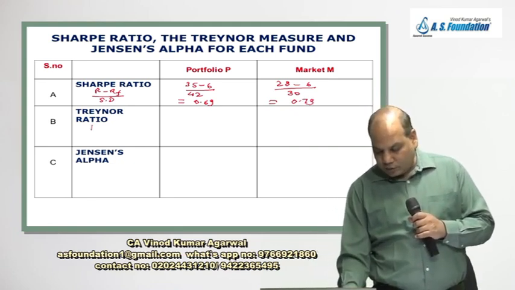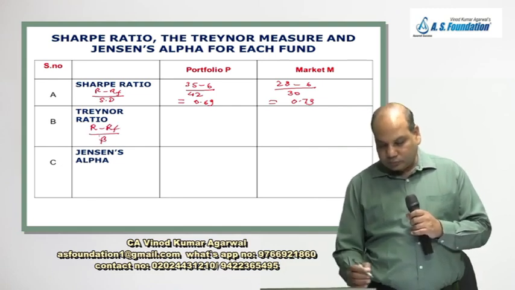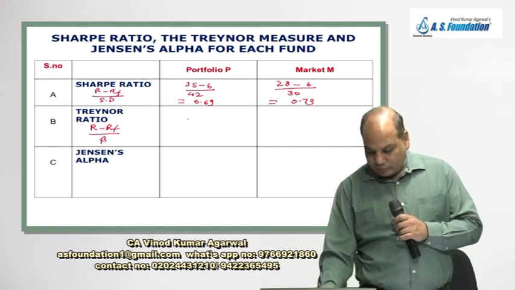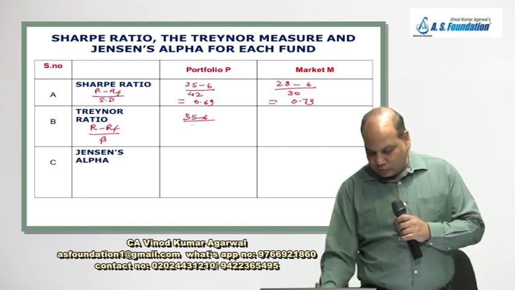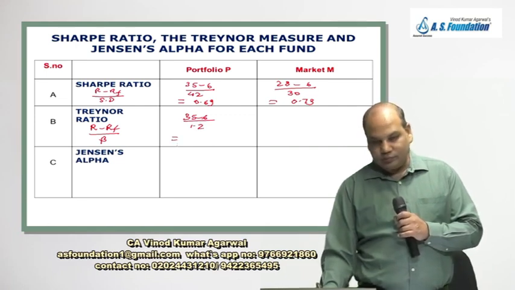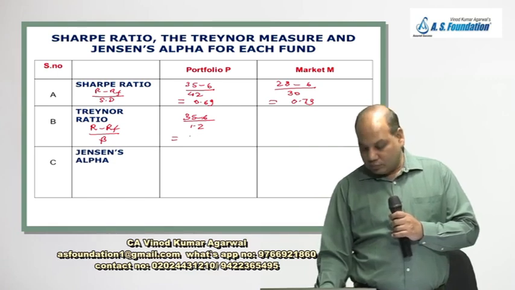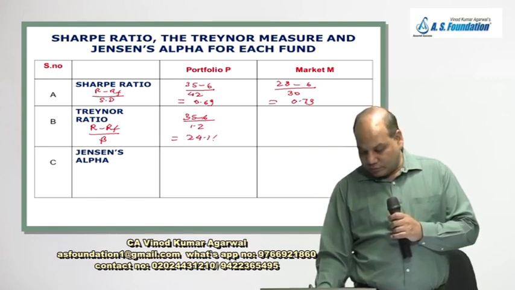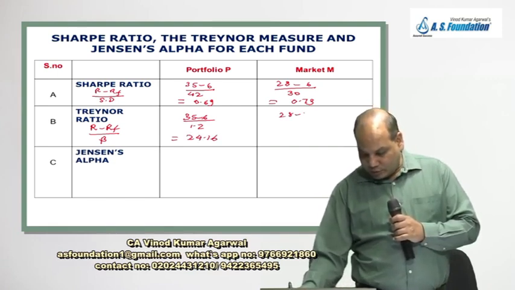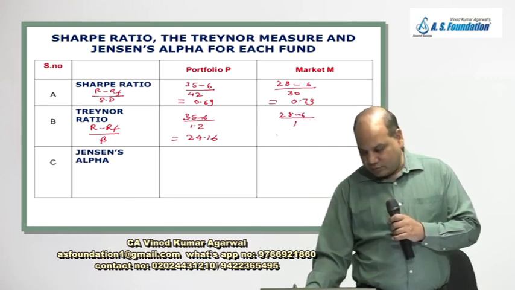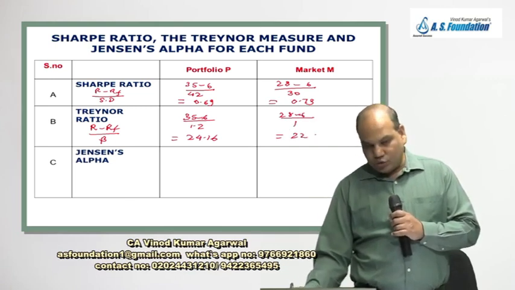Treynor ratio, right formula: R minus RF upon beta. 35 minus 6 upon 1.2 equals 24.16. For the market: 28 minus 6 upon 1 equals 22%.